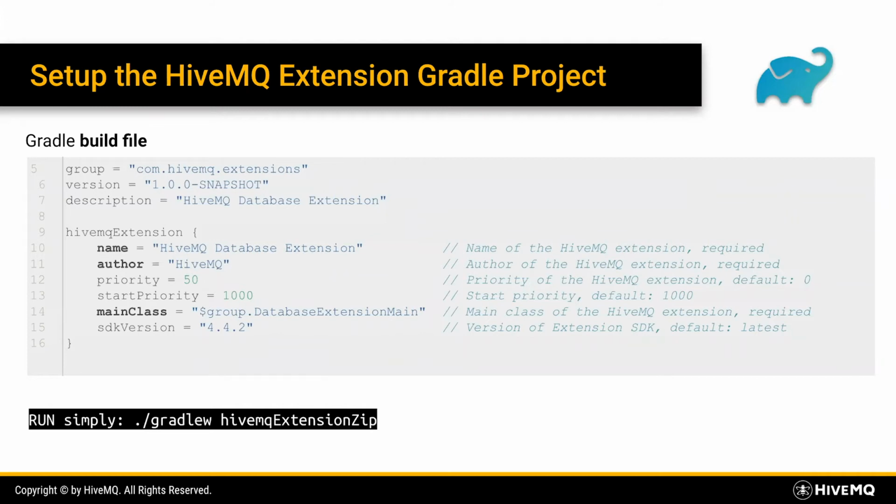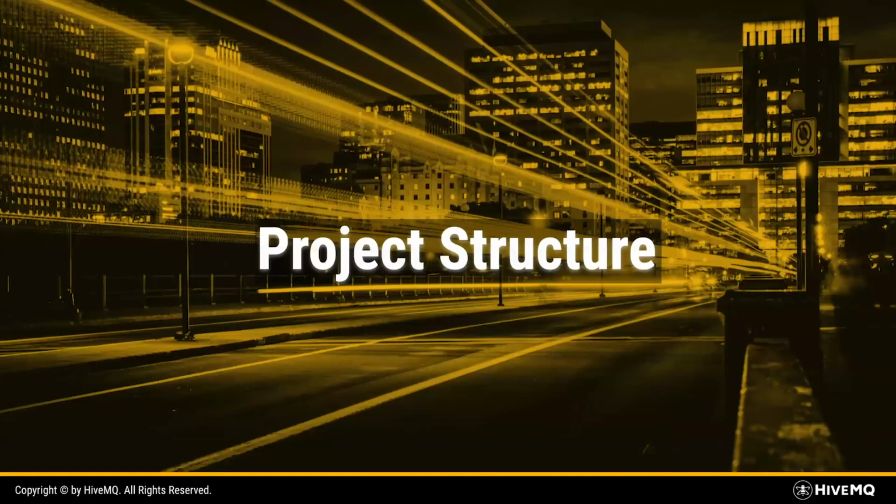And with this, our setup is finished, and we could try it out by running the Gradle wrapper with the Gradle task HiveMQ extension zip. And this task will create our structure and a little bit more, which I will show you later.